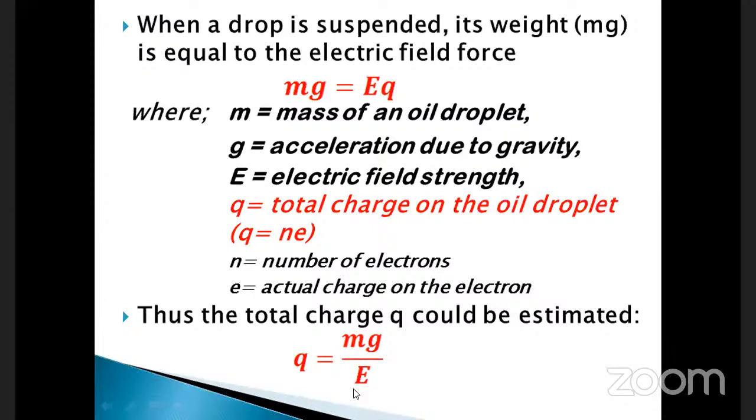You know, the amount of electricity or the voltage that was passed, that can be determined. So everything on the right hand side of this equation can be determined. So that is why we are able to determine the total charge on the oil droplets.